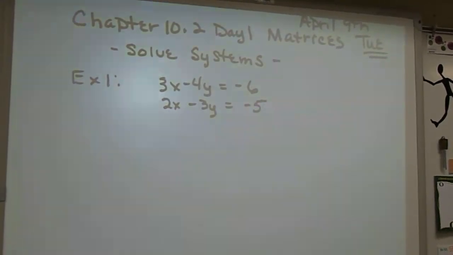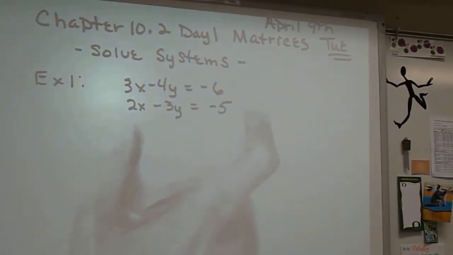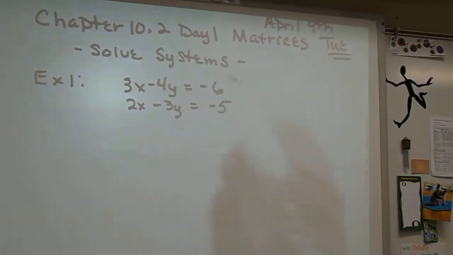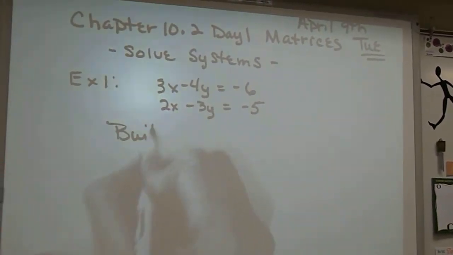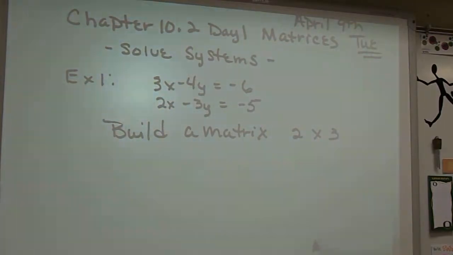Alright, so the first thing we need to know is how to build a matrix based on this data. Our goal is to build a matrix, and it's going to be a 2 by 3 matrix. I'm going to call this matrix A. So matrix A will have elements that are coefficients of my equation.